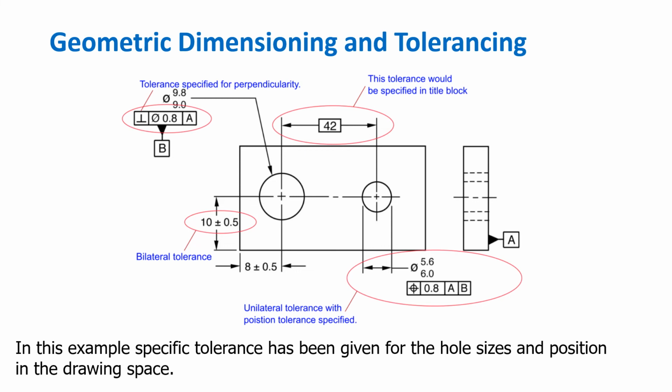In this example, we have unilateral tolerancing, bilateral tolerancing, GD&T tolerancing. Although it would be unusual to have all three systems on one mechanical drawing, it's important to be aware that these tolerances can affect each other and need to be considered when manufacturing or assembling a component.